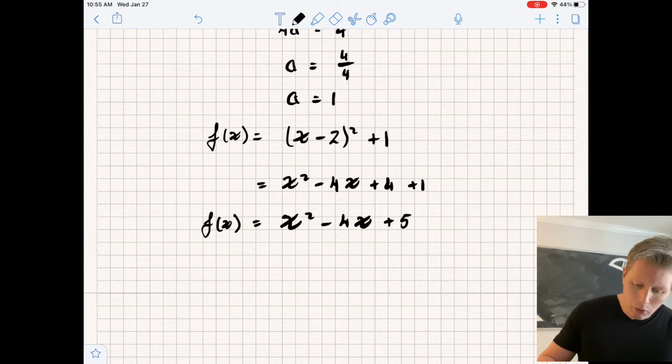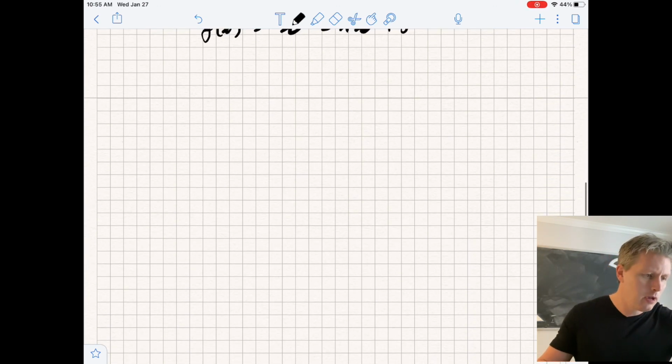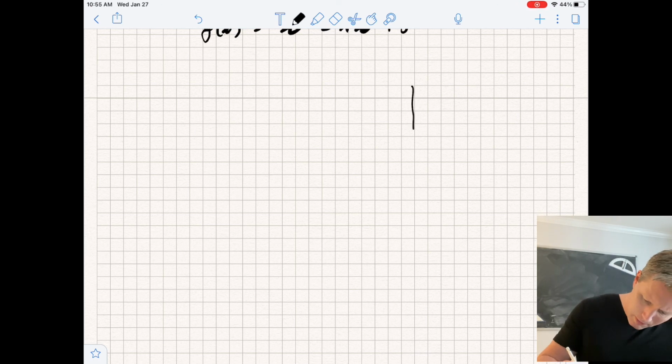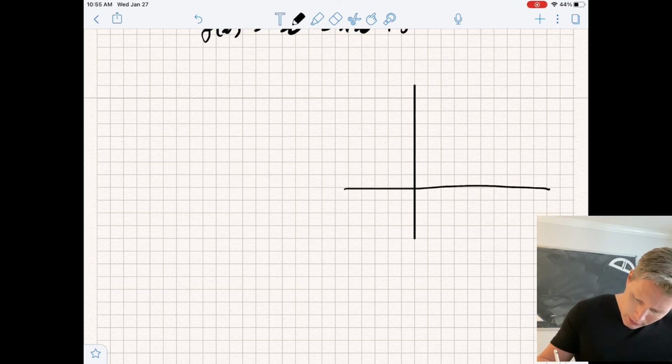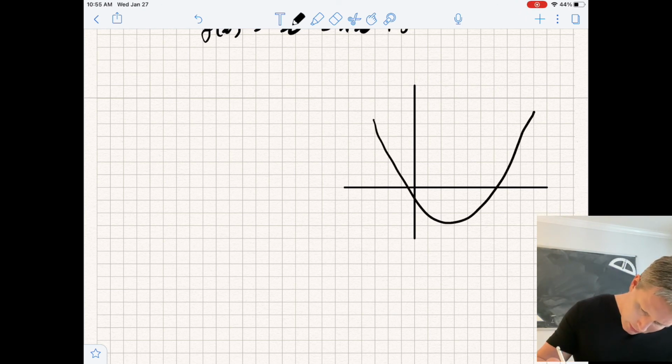I'm going to do one more. So I'm going to have another problem here that looks like the following. So I'm given a graph. My graph comes down something like that.